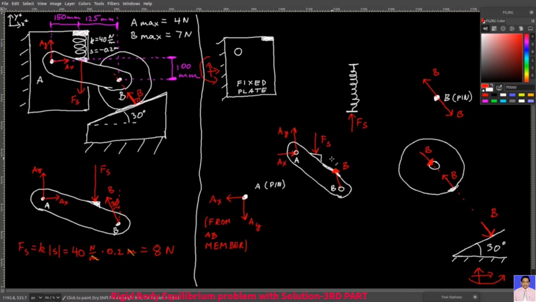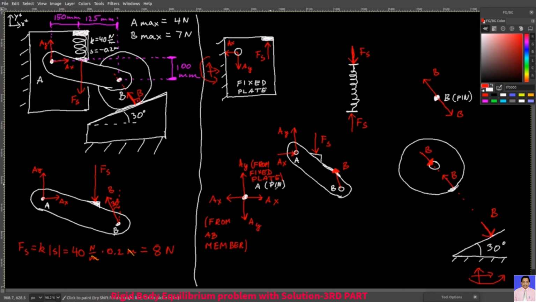Then the spring and pin A apply the Fs and AX and AY forces to the fixed plate, and the fixed plate, of course, returns the favor due to Newton's third law. It applies Fs to the spring and to pin A. Here you have AX and AY, and now this is from fixed plate.